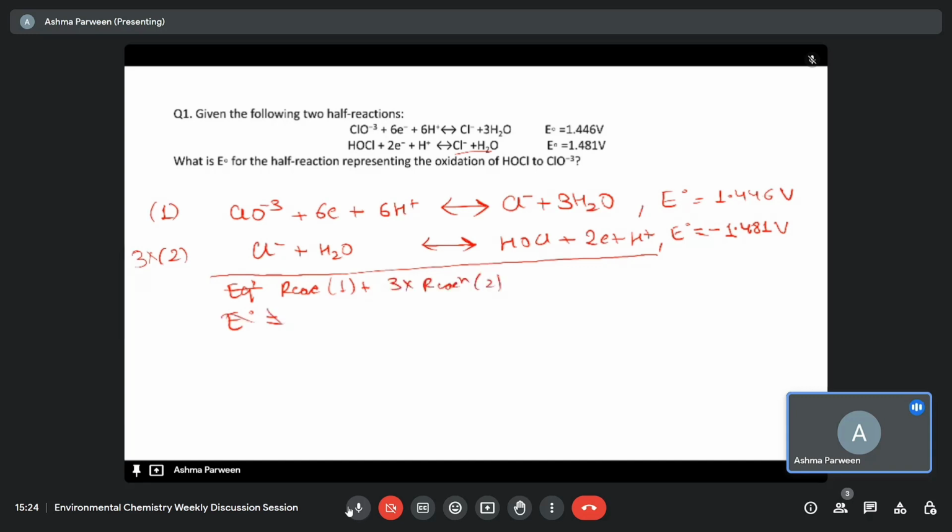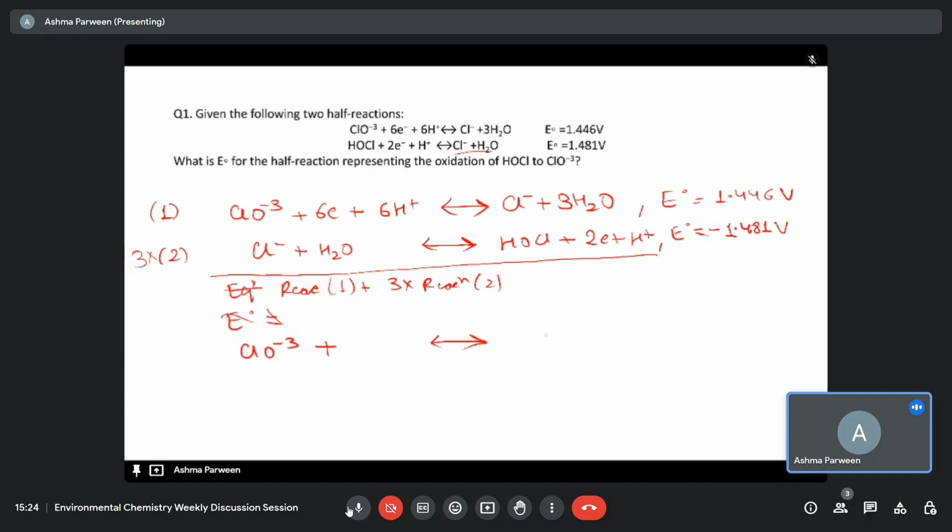So what we will get is ClO3 minus plus 6H plus. On the product side, Cl minus will get cancelled out. So 3 minus 1 H2O, it will be 2 H2O.